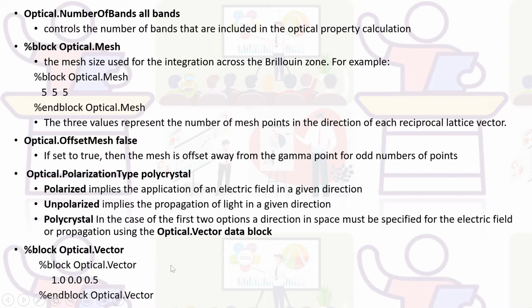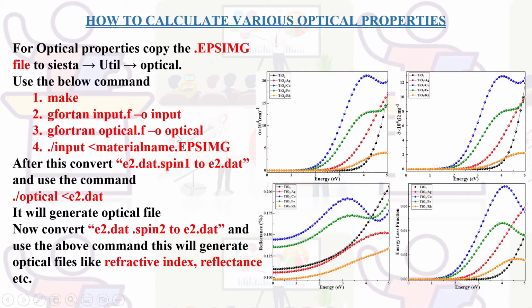Like for optical properties, copy this EPSIMG file to the SIESTA utility, where, if it is the first time, you first need to run the command make, and after that gfortran input dash o input, and then gfortran optical. So there are two files.